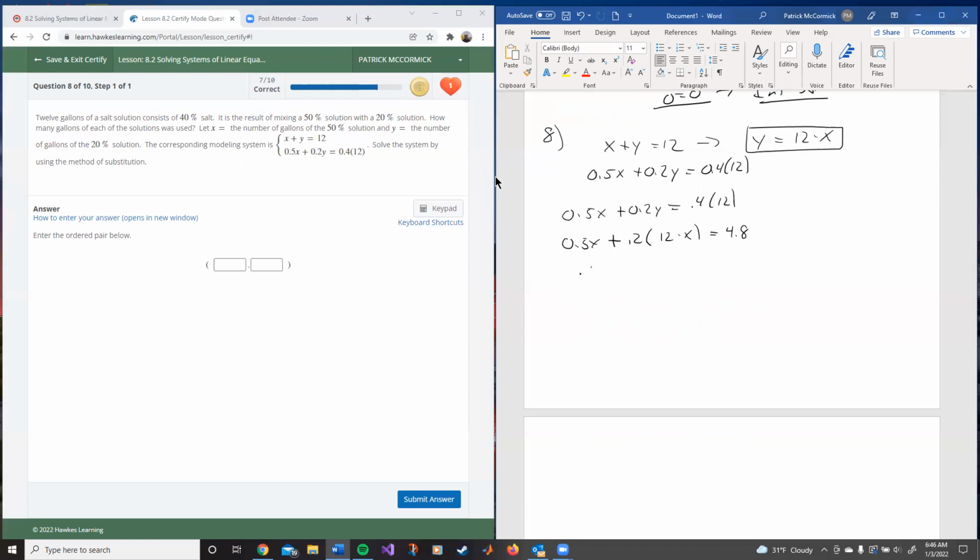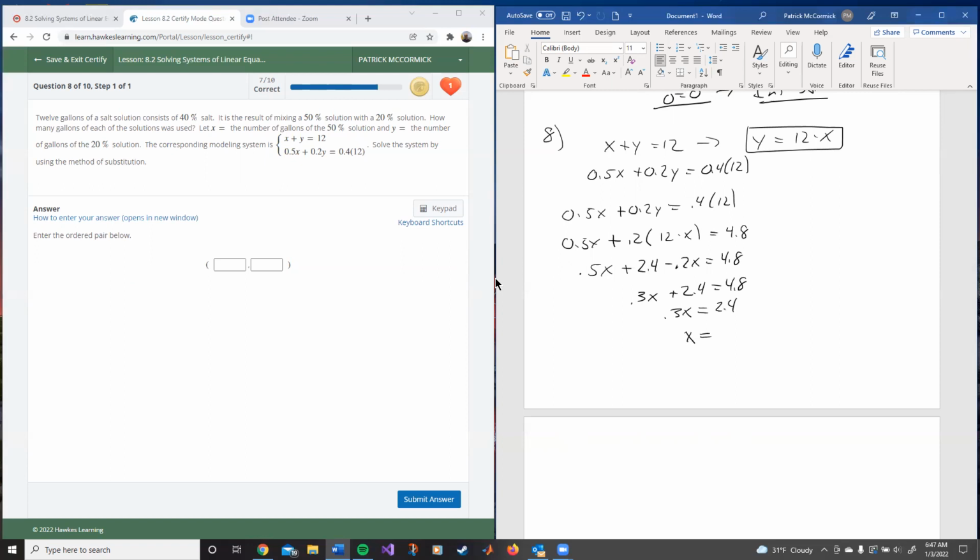Distribute that 0.2. So I get 0.5x plus 0.2 times 12, 2.4, minus 0.2x equals 4.8. Combine some like terms, 0.5 minus 0.2. So I got 0.3x plus 2.4 equals 4.8. So 0.3x equals, subtract the 2.4 from both sides, 2.4.